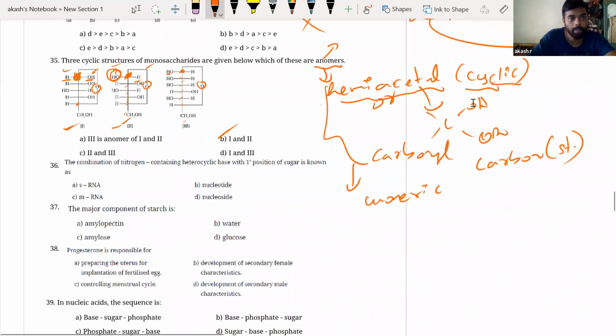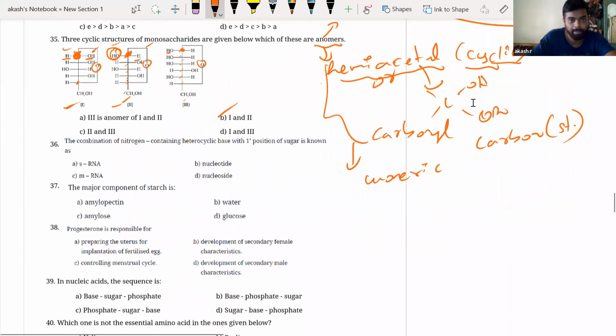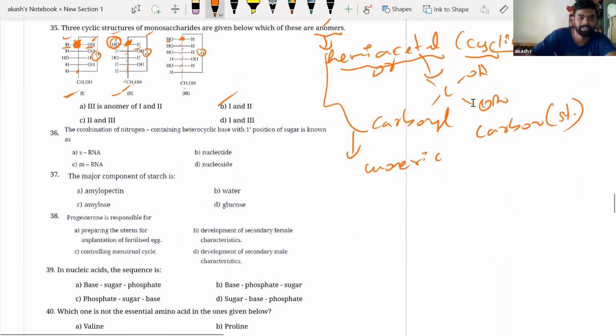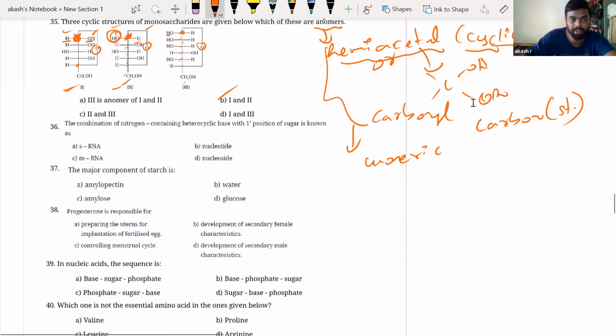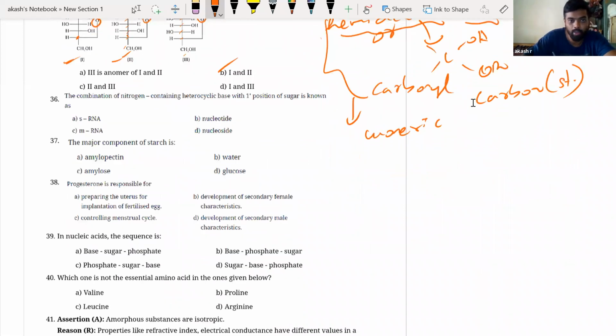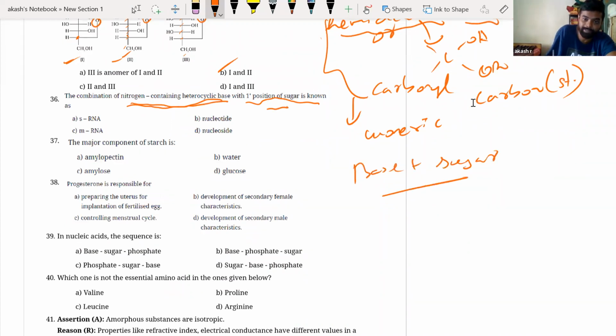Next, combination of nitrogen containing heterocyclic base. Okay, this is a very good question. Combination of nitrogen containing heterocyclic base with 1 position of sugar. Now look at this, nitrogenous base with your sugar. What is it called as? Remember this, base plus sugar plus the phosphate is what is called your nucleotide.